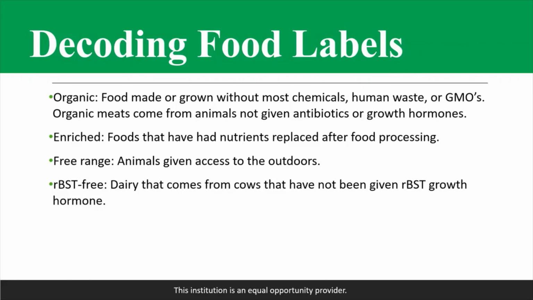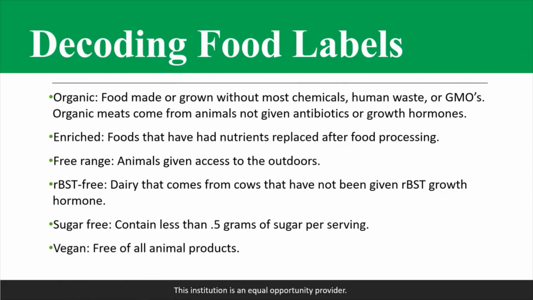RBST free, this means that the dairy that comes from cows have not been given that specific RBST growth hormone. Sugar-free means the food contains less than half a gram of sugar per serving. And vegan means it's free of all animal products. So those are a few terms you might see on food labels, food packages. So hopefully that clears things up for everybody.